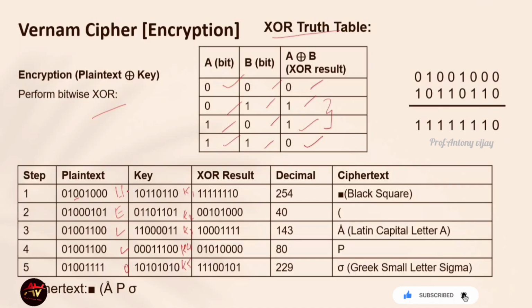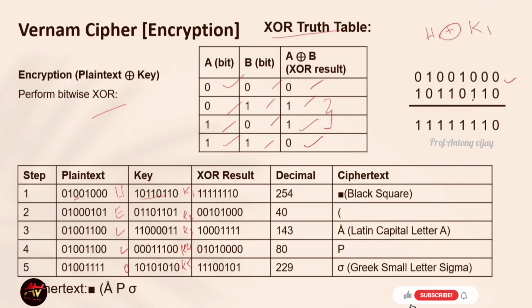So this is H XOR K1. This is the example of the XOR operation of H with K1. Here H is 0 1 0 0 1 0 0 0, and K1 is 1 0 1 1 0 1 0 1.